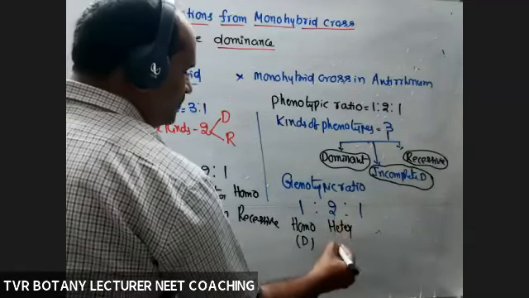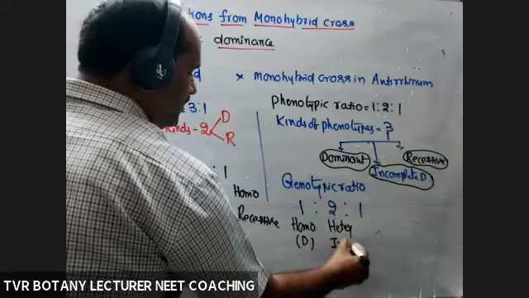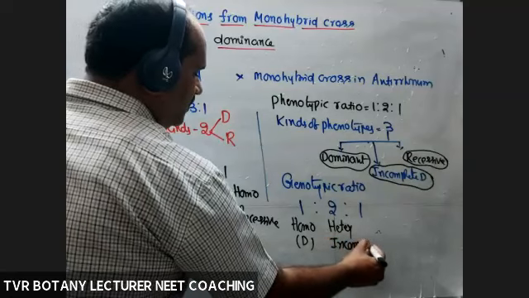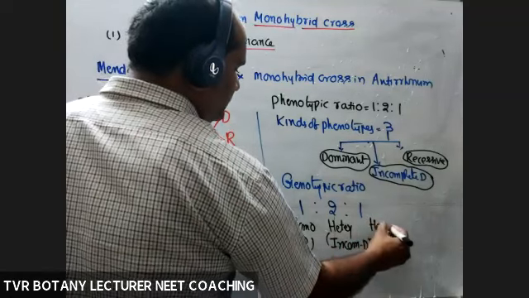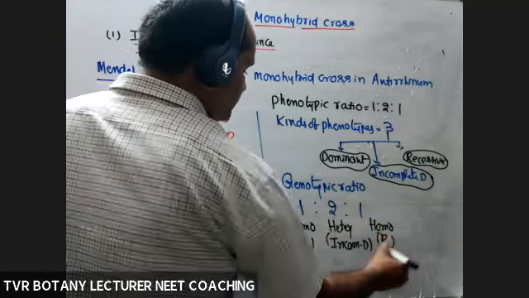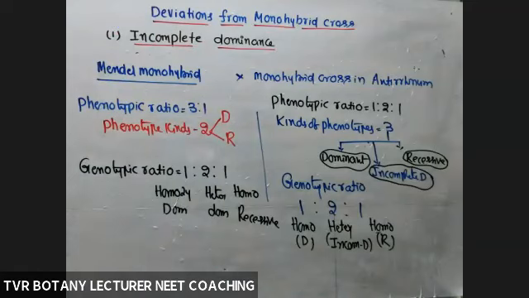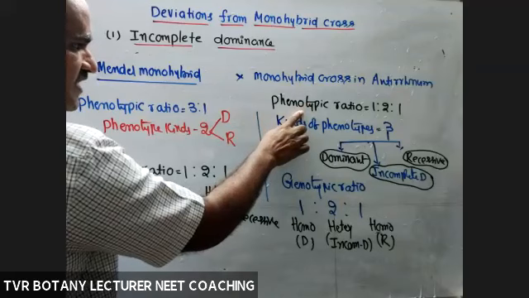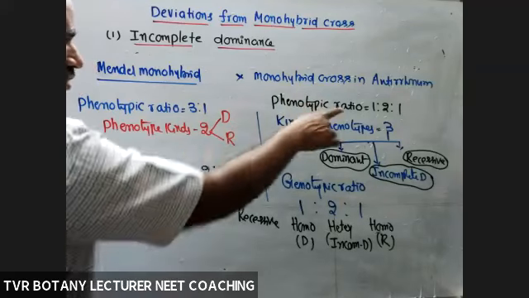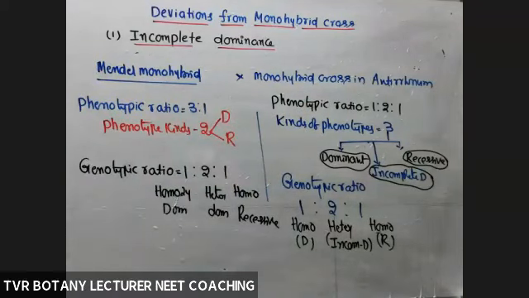Second one, heterozygous, incomplete dominance. Next, homozygous recessive. Okay, so here the phenotypic ratio should be 3:1, but 3:1 changed into 1:2:1. Is it clear? Next.